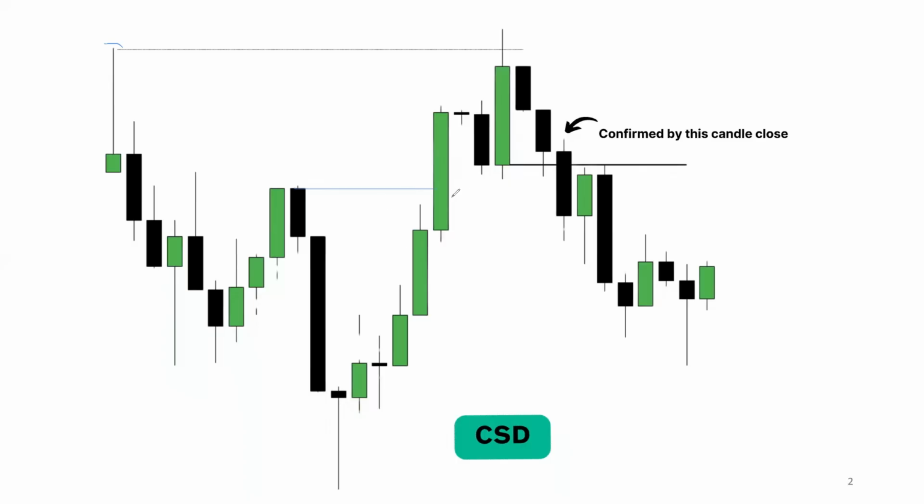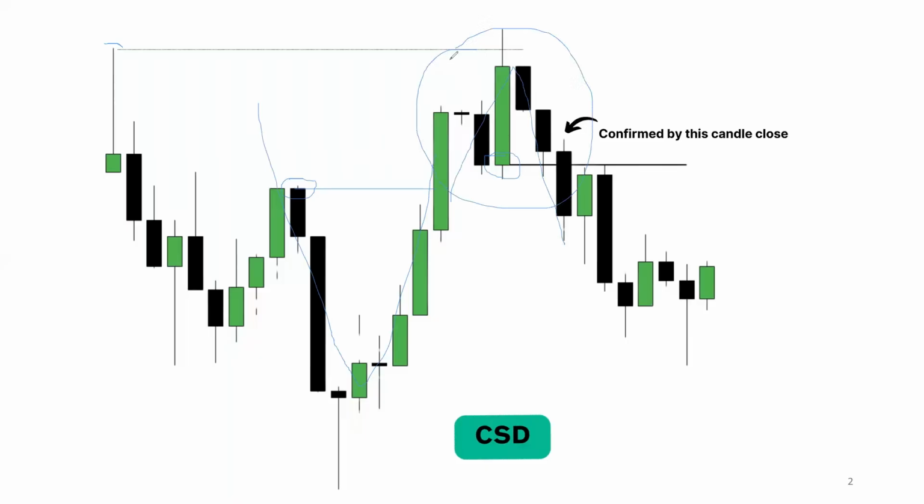All we are looking for is the creation of our order block and then subsequently a closure below the open for a bullish order block, or a closure above the open of a bearish order block. This confirms the change in state of delivery, telling you that price has changed delivery from sell side to buy side, and then here from buy side to sell side.